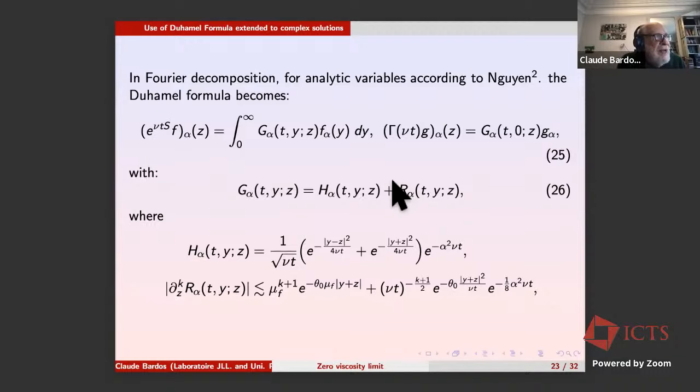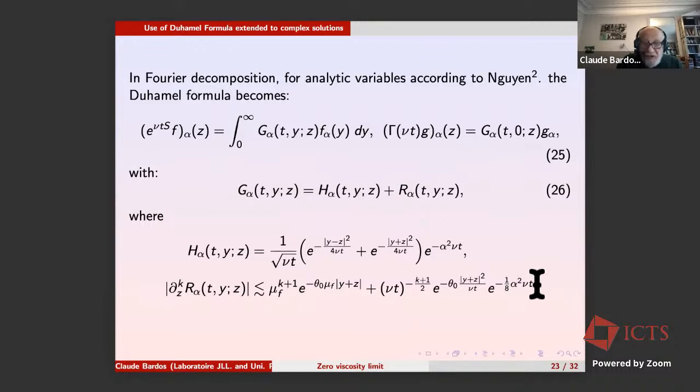And what is nice is that for an equation like d omega over dt minus nu Laplacian of omega plus u nabla omega, you put u nabla omega on the right-hand side, and you can use the explicit representation of the solution with z, with theta being a parameter in the half space. You have a quantity you can put in this equation, you have a remainder, you have a very nice estimate.